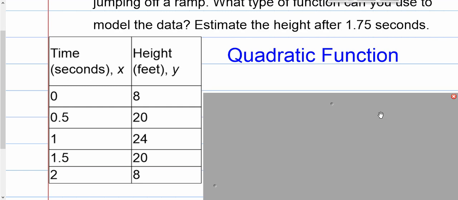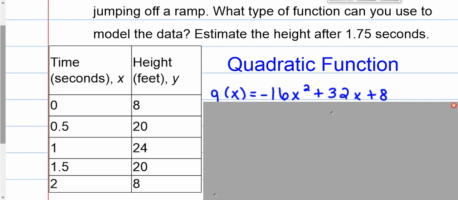And we are going to write that right here. So we have g of x equals negative 16x squared plus 32x plus 8.